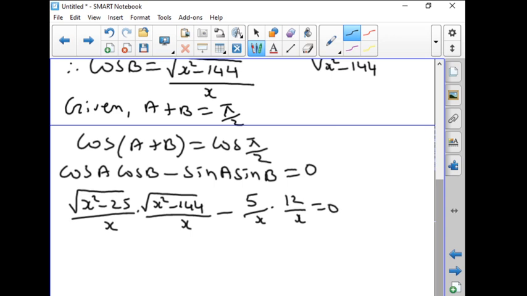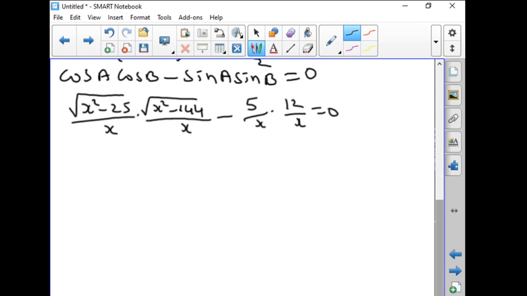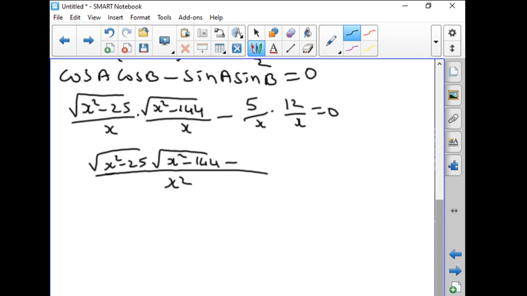In the first term the denominator is x square, the second term also has x square. So, when we take the LCM, it is x square. So, square root of x square minus 25 into square root of x square minus 144 minus 5 12s are 60 is equal to 0.